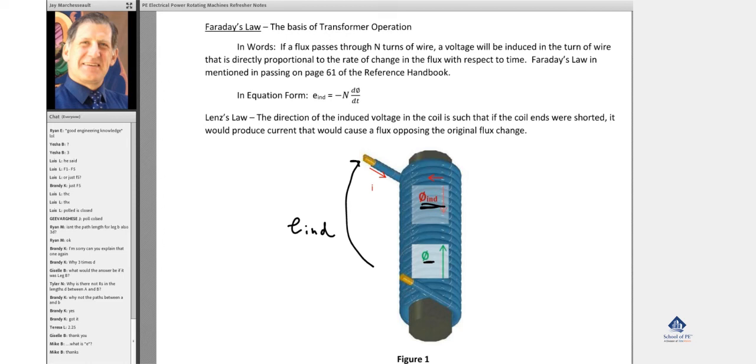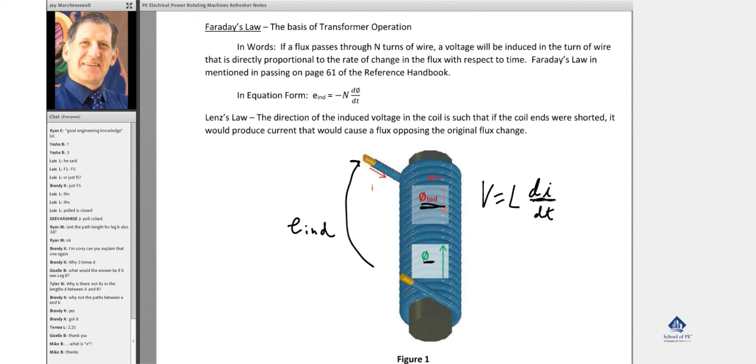voltage. Now we know that from V is equal to L di/dt, which just defines the voltage across an inductor, that inductors don't like a changing current.